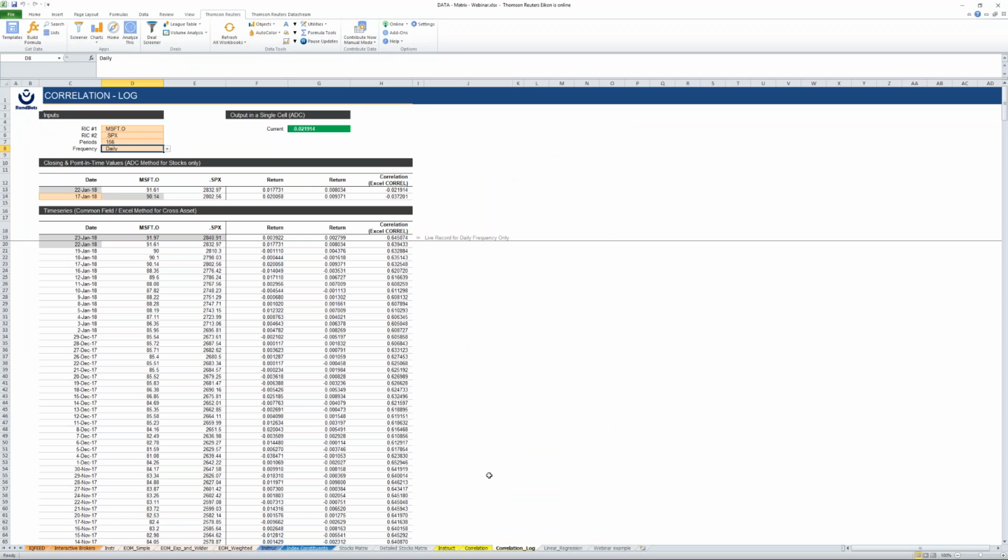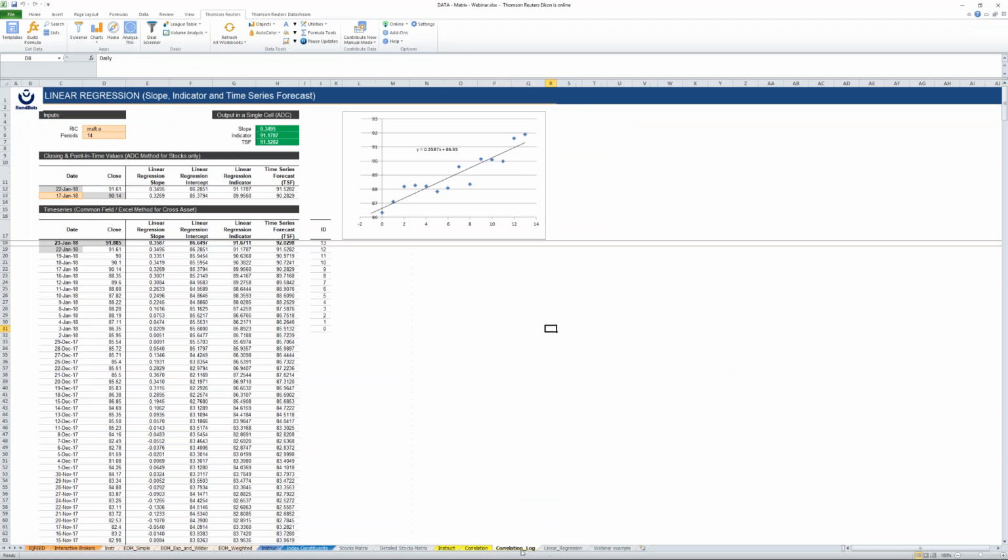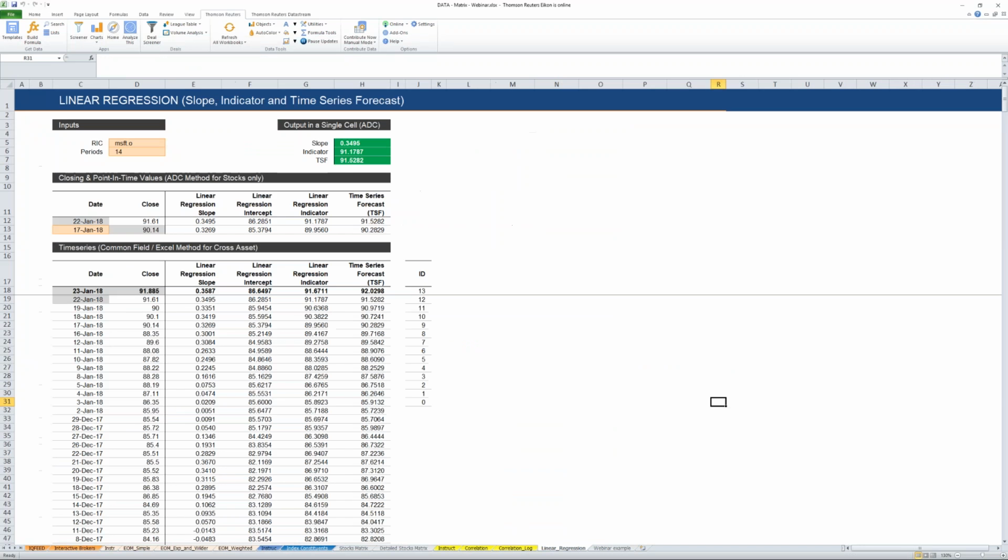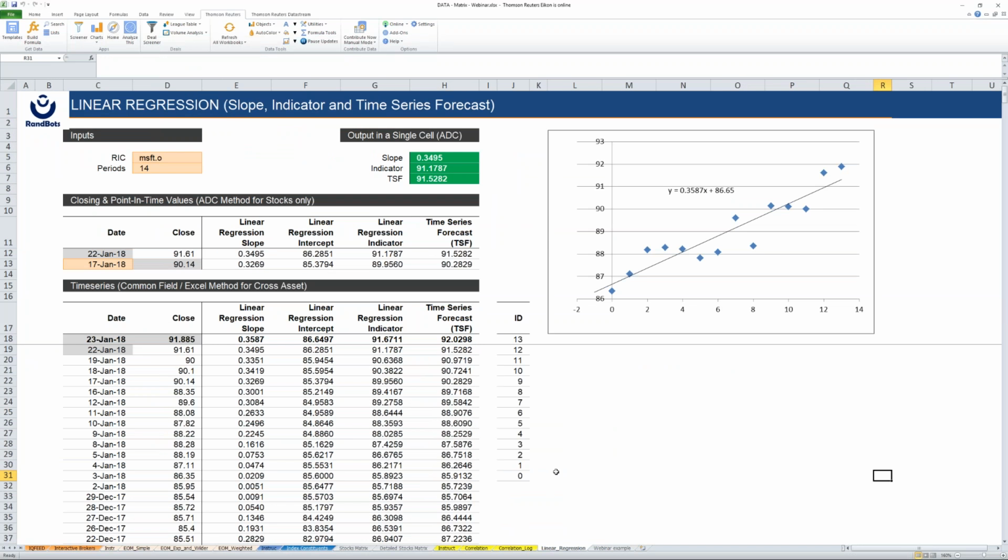And the last one I want to show you is the correlation log, and this one is on the slope of products. Here on the charts, it's graphing the last 14 days, or the last 13 days. These are the closing prices of Microsoft, and the line is the slope.